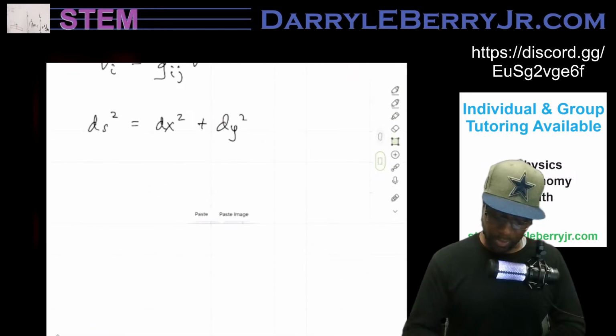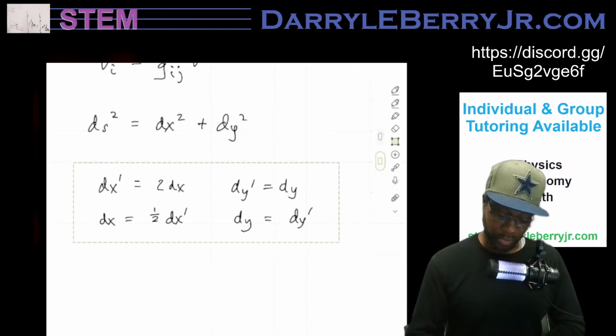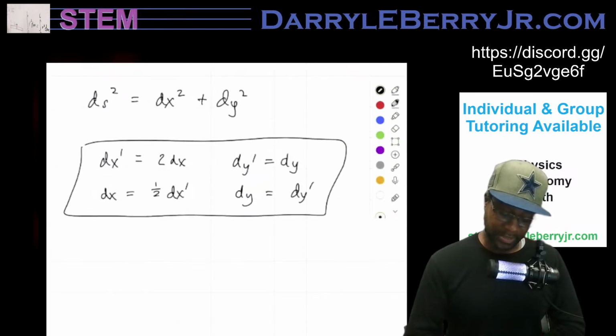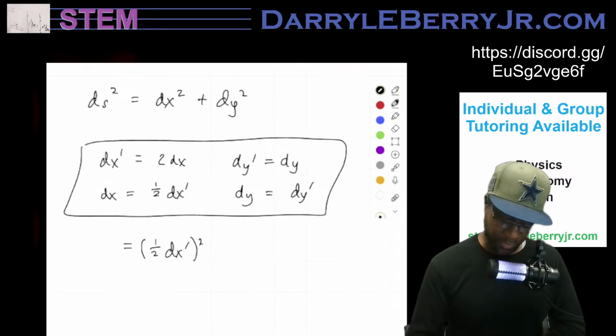So everything we did here was not for naught. So if I plug this in, those terms have 1/2 dx prime squared plus dy prime squared. So this becomes 1/4 dx prime squared plus dy prime squared.